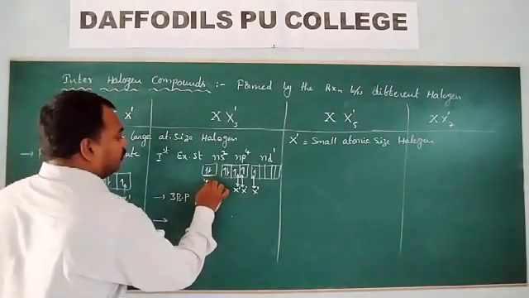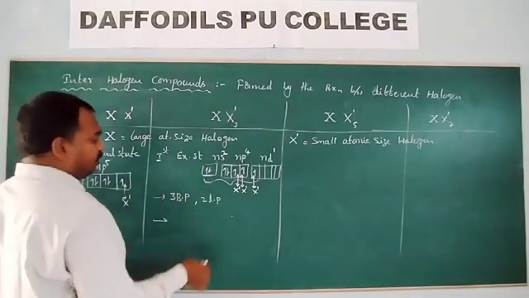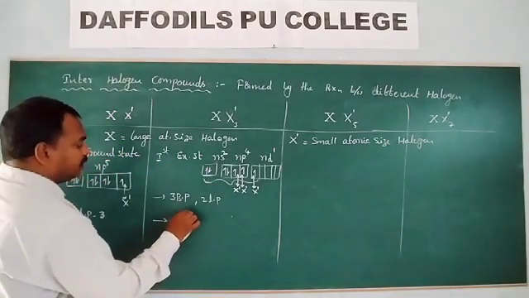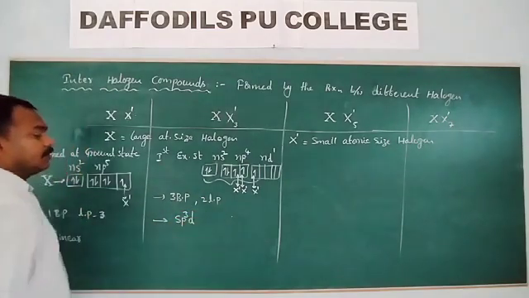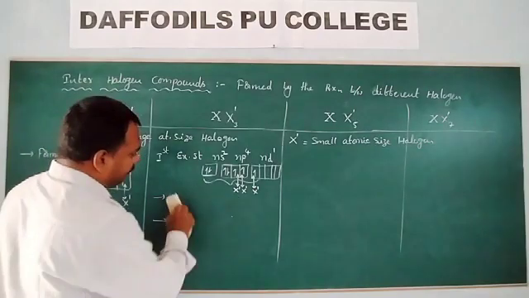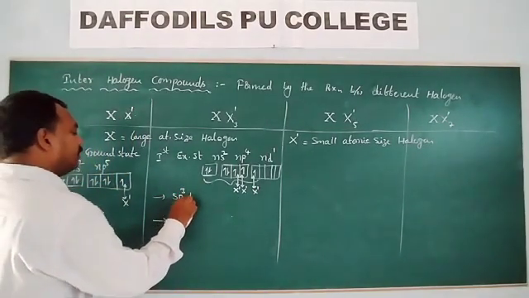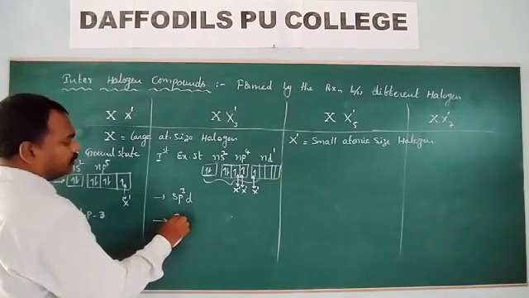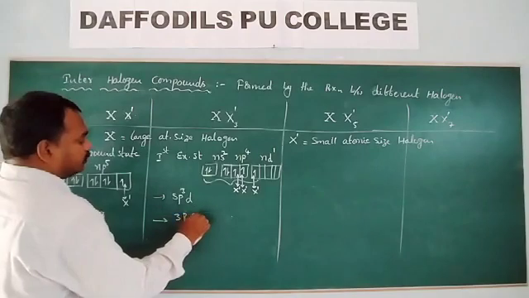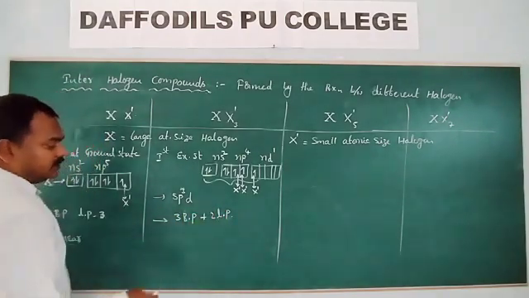The possible hybridization in these compounds is sp3d. With sp3d hybridization, 3 bond pairs and 2 lone pairs, what is the shape?